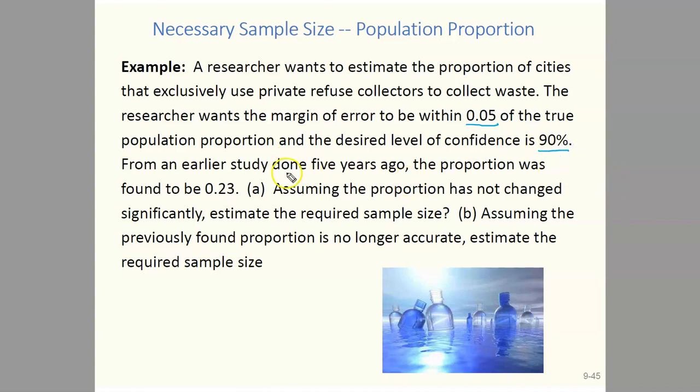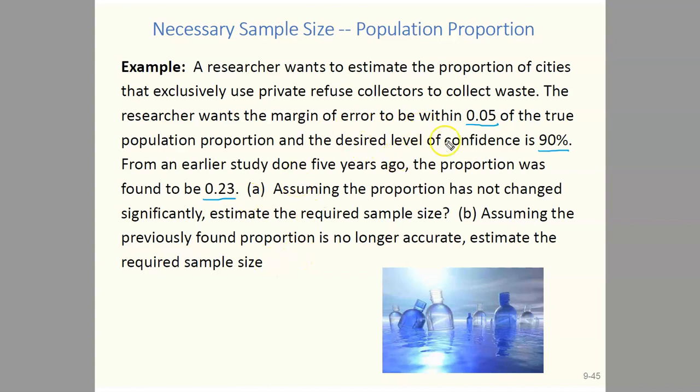Now from an earlier study done 5 years ago, the proportion was found to be 0.23. Now let's answer these two questions. Part A, assuming the proportion has not changed significantly, estimate the required sample size. And part B, assuming the previously found proportion is no longer accurate, estimate the required sample size.